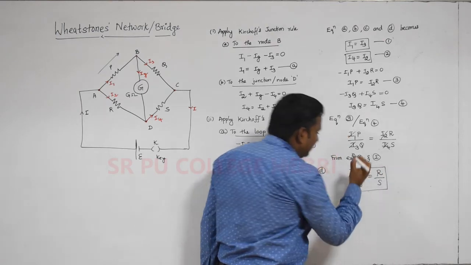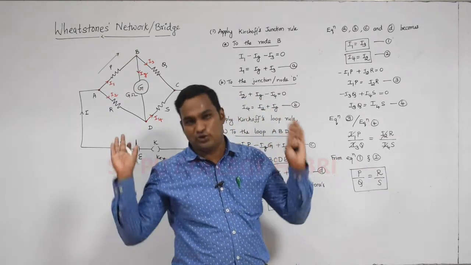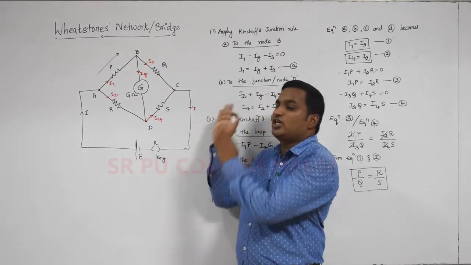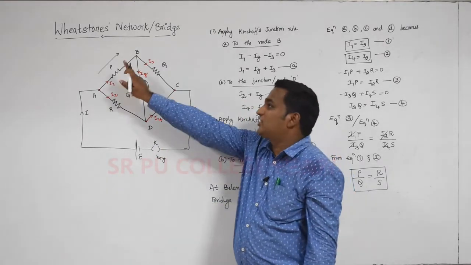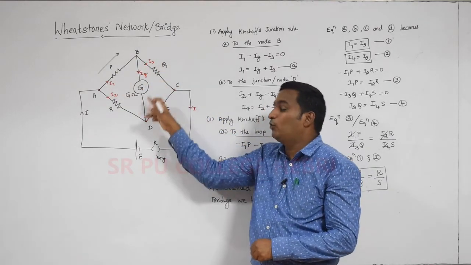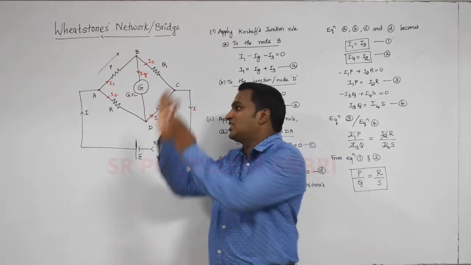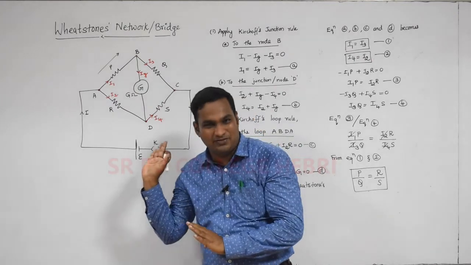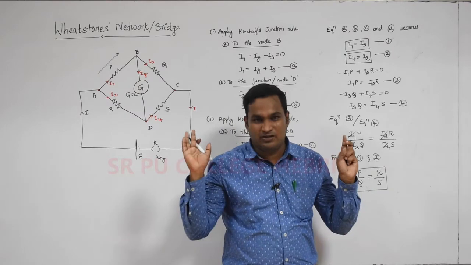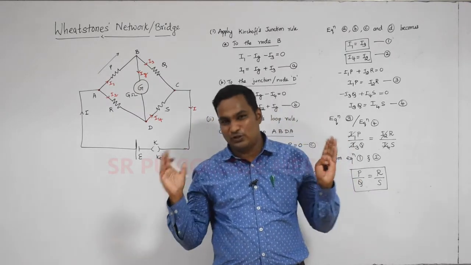Dear student, this is the balanced condition of the Wheatstone bridge by using Kirchhoff's law. Remember, if this Wheatstone bridge is balanced by adjusting the values of P, Q, R and S in such a way that the current flowing through the galvanometer is 0, or the circuit or network is balanced, then we get the condition P by Q is equal to R by S. It is one of the important theories related to the Wheatstone bridge by using Kirchhoff's law.